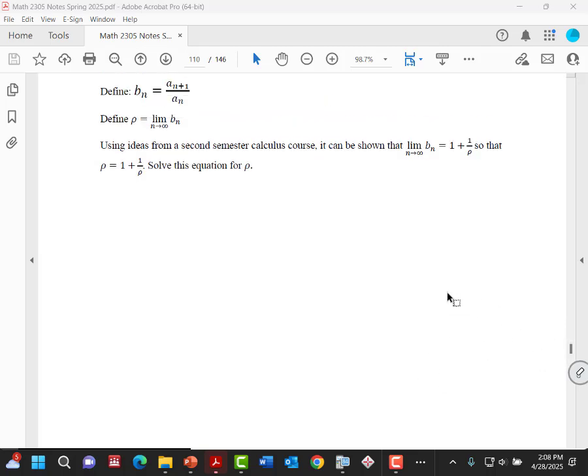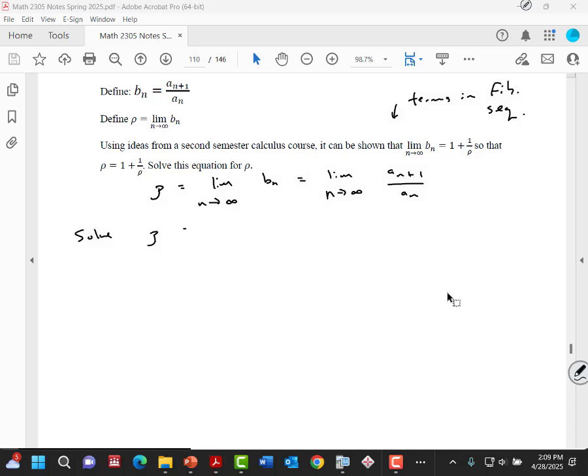So here's the idea. Rho equals the limit as n goes to infinity of b sub n, which is equal to the limit as n goes to infinity of a sub n plus 1 over a sub n, where these a sub n's are terms in the Fibonacci sequence. Okay?